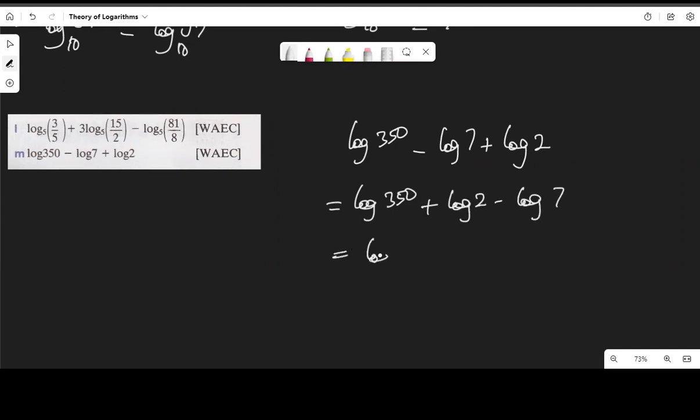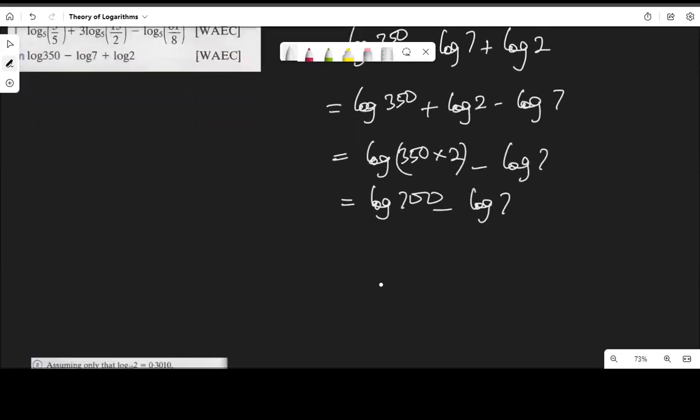That will be log 350 times 2 minus log 7. 350 times 2 is 700. Log 700 minus log 7, which is log 700 divided by 7, is log 100, and log 100 is 2.